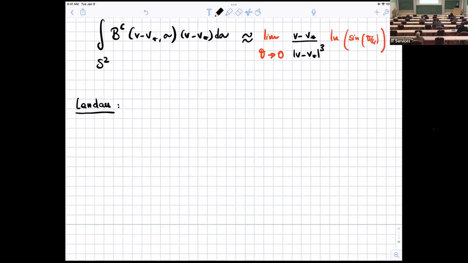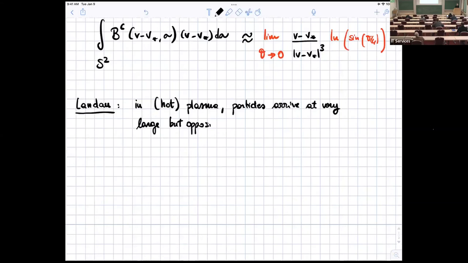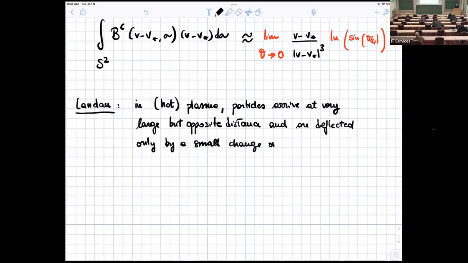So in plasma, especially in hot plasma, particles arrive at very large but opposite distance, and this distance means velocity in the velocity space, and are deflected only by a small change in momentum.